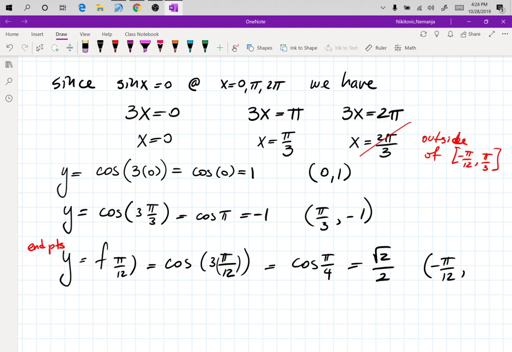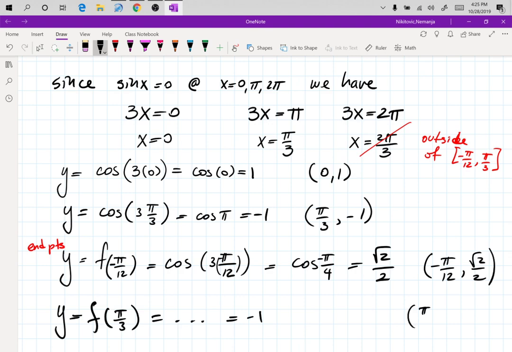I didn't put the negative because cosine is an even function, so when you plug in a negative value, it just disappears. You can drag the negative along if you want to, it's just going to go away. And y equals f of pi over 3. We already have that, so equals negative 1. So this is (pi over 3, negative 1).